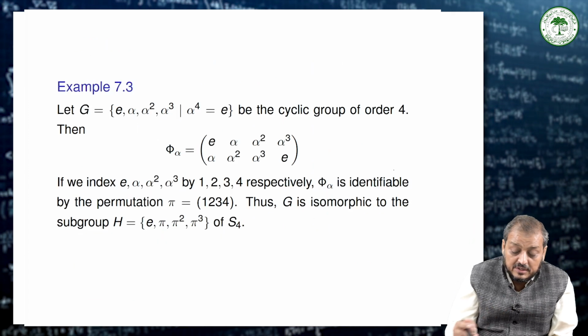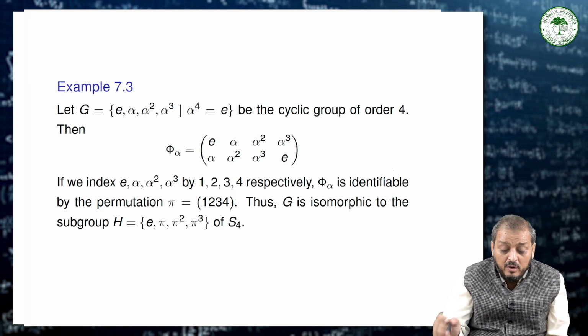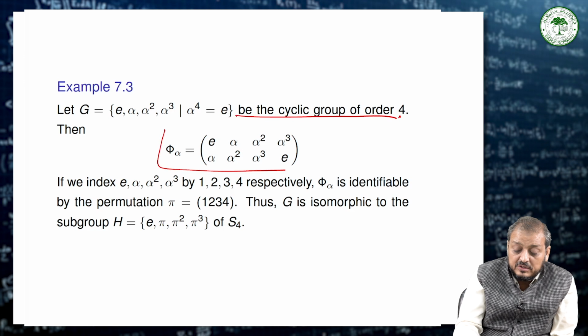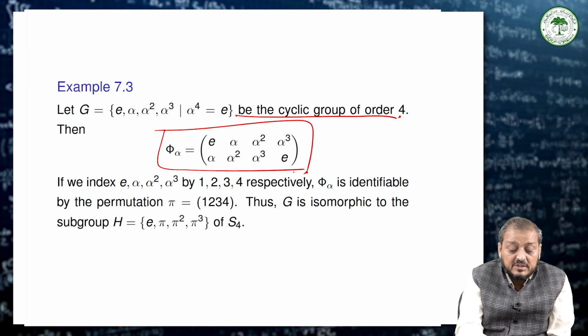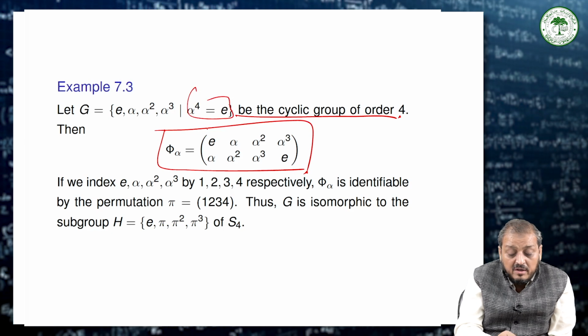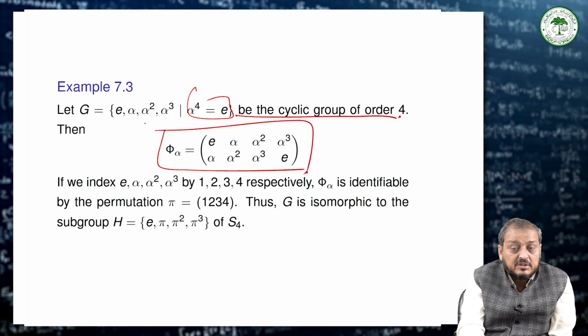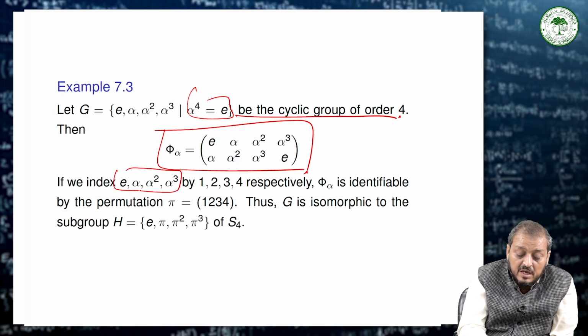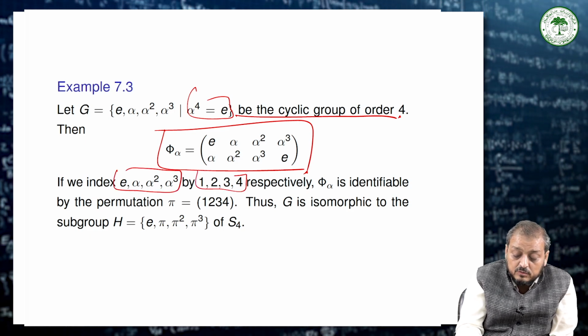Okay, so now I take one more example, a cyclic group of order 4. G can be written with alpha to the power 4 equal to the identity. Again we construct a table of this. Now the indices E, alpha, alpha square, alpha cube we replace in this form.